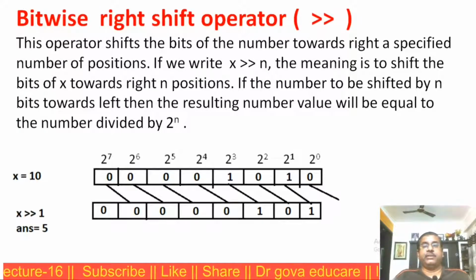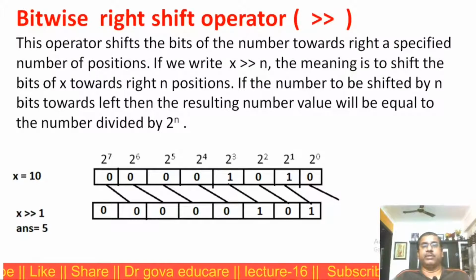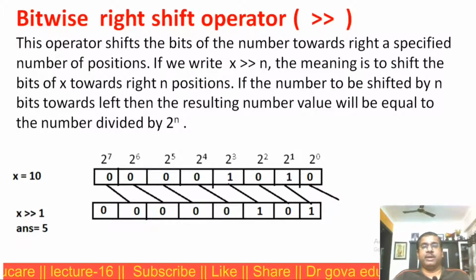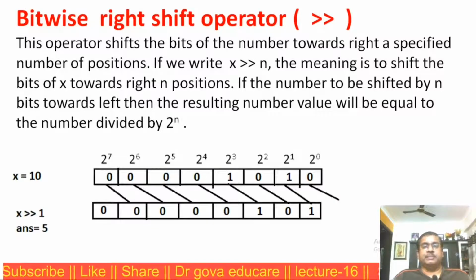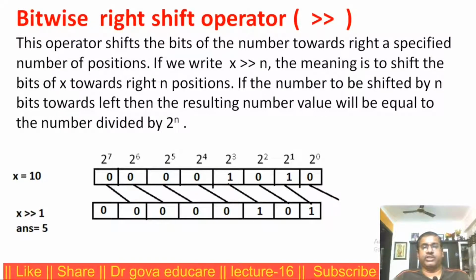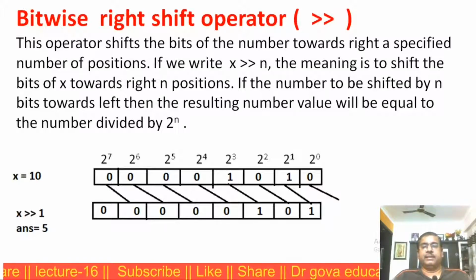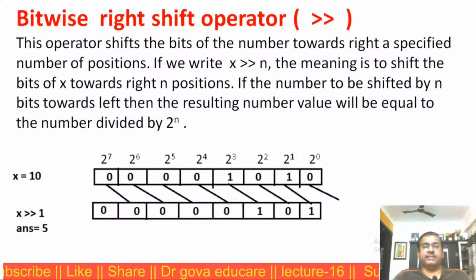Bitwise right shift operator, we use the double greater than symbol. This operator shifts the bits of the number towards the right a specified number of positions. If you write x double greater than n, the meaning is to shift the bits of x towards the right n positions.